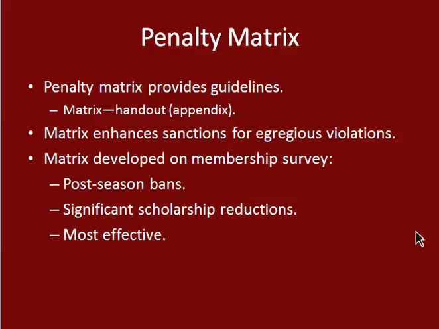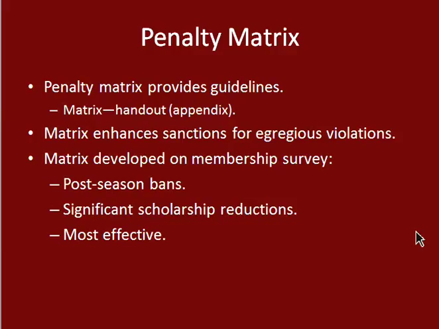The matrix is designed to impose serious sanctions for the most serious violations, but also impose less serious sanctions for cases in which violations are not as serious. And so if you look at the penalty matrix again, you'll see the most serious ranges of penalties are for the Level 1 aggravation cases, and the less serious penalties will be those implemented for the Level 2 mitigation cases.